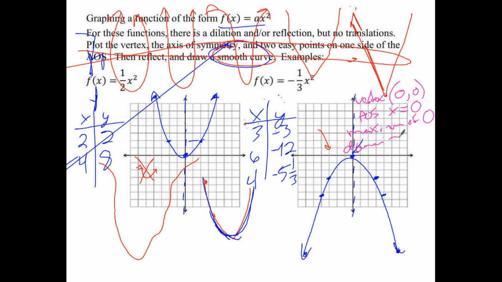The domain is always going to be all real numbers for these parabolas. And now the range. The way that you're going to write the range is you're going to say all the y values that are getting graphed. Since this thing opens down, you're going to say less than or equal to. And what's the biggest y value that's getting graphed in this case? It's the y-coordinate of the vertex, 0.